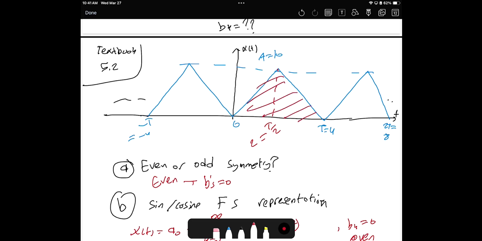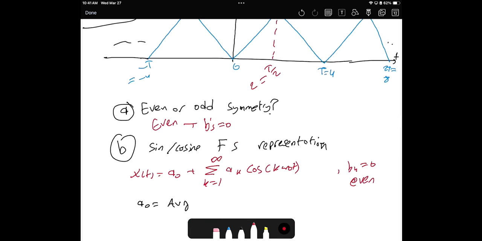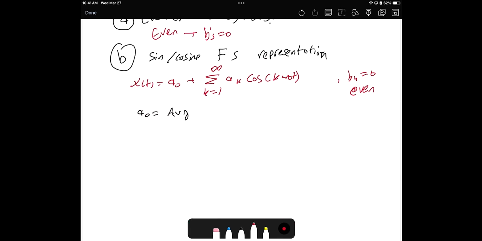So a naught is 1 over T, integral from 0 to T of x of t. Okay? So this is the area of a triangle.